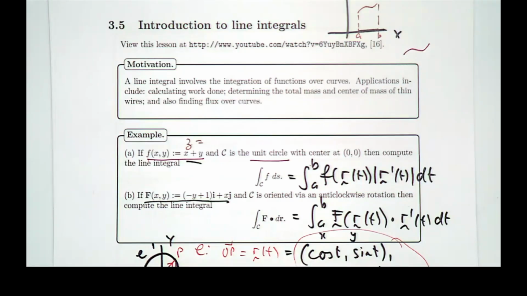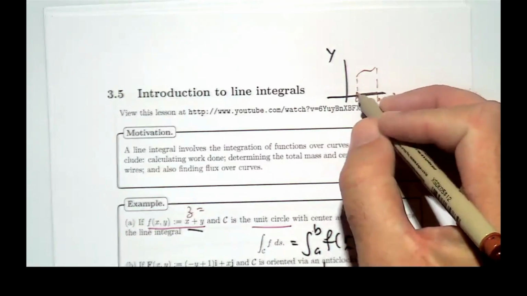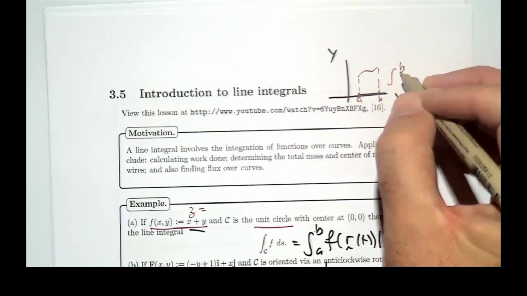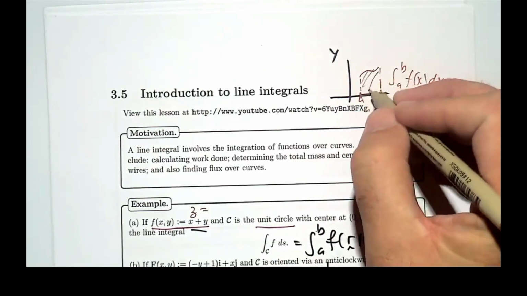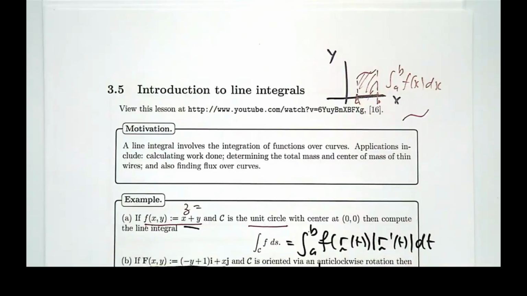We'd integrate from x equals a to x equals b, and you'd have this sort of expression, and you could think about area under the curve. Here, we're integrating not over intervals, but curvy lines, or line segments. They may not be straight, and they may be very difficult, but that's what we're going to look at.